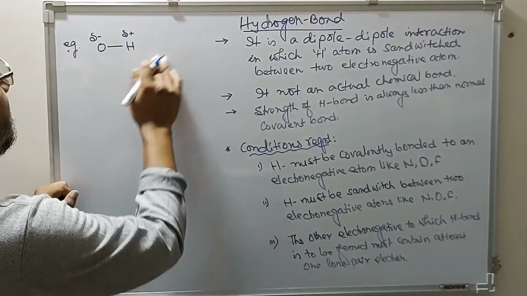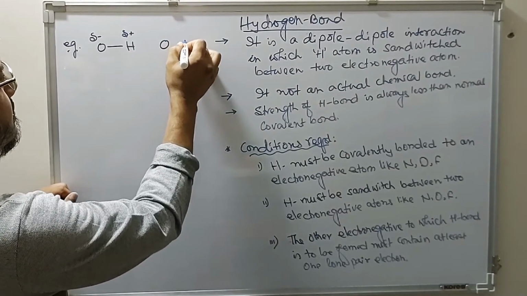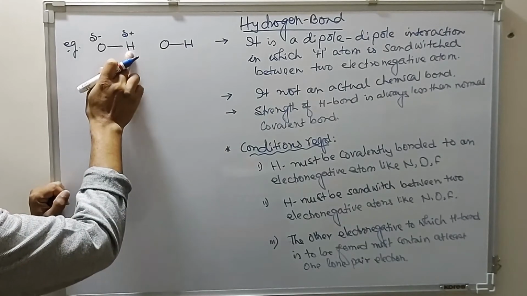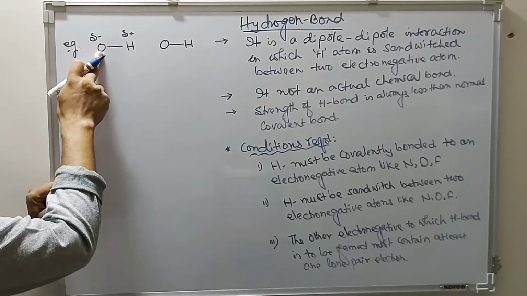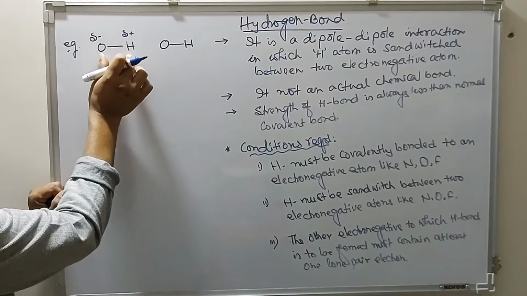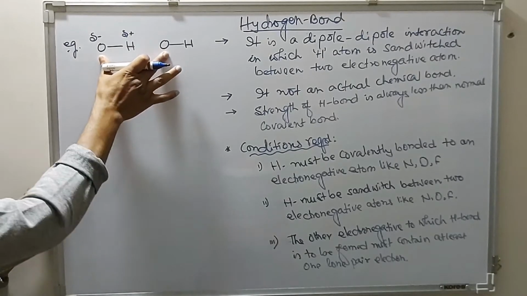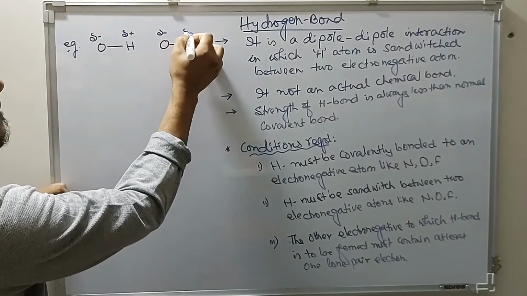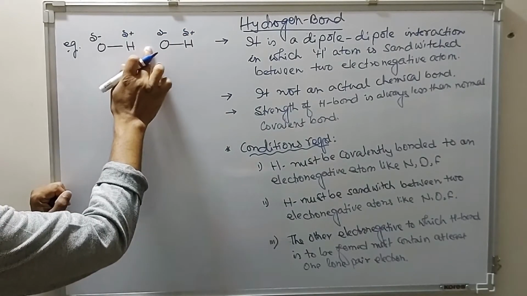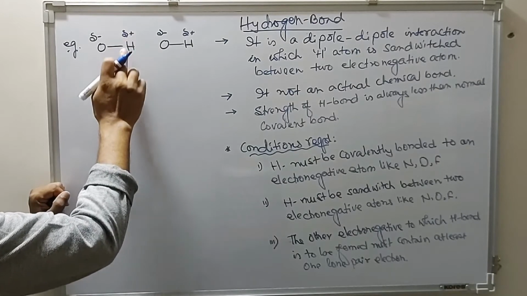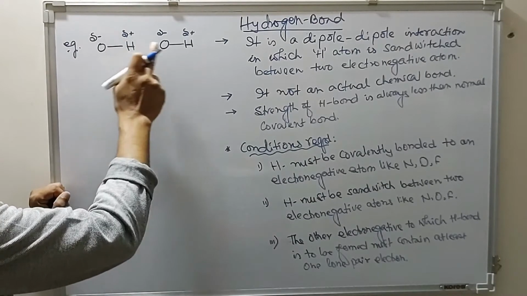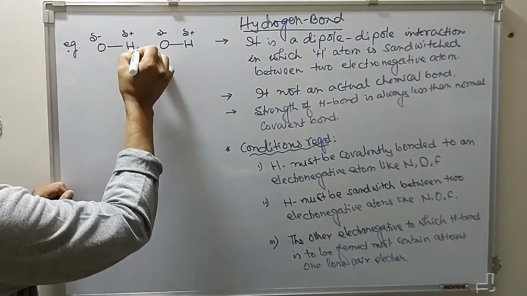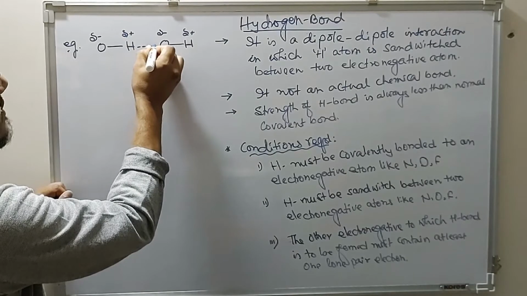Now take another OH. We have this hydrogen covalently bonded to an electronegative atom, and this hydrogen is between two electronegative atoms. Again, negatively polarized, positively polarized. So the positively polarized hydrogen interacts with the negatively polarized electronegative atom O through a bond which is known as hydrogen bond.